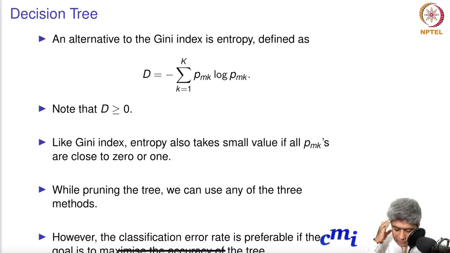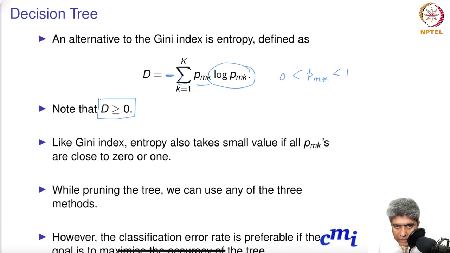An alternative to the Gini index is the entropy, which is the sum of PMK times log of PMK, with a minus sign. It is automatically greater than or equal to 0, which is kind of obvious because PMK is always between 0 and 1 for a classification problem, making log PMK negative.